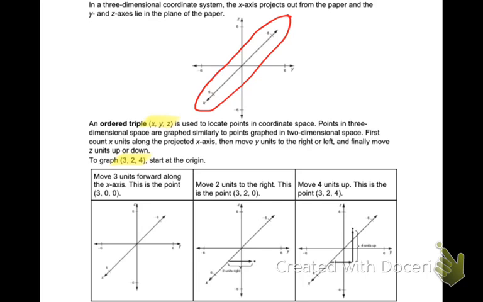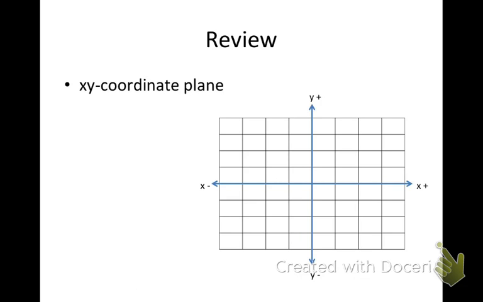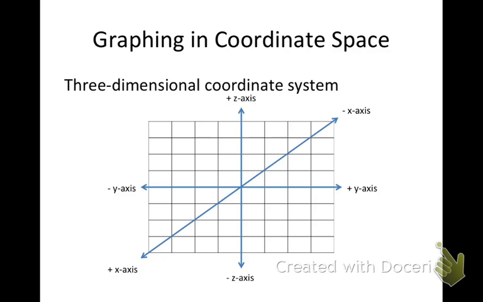So like 3, 2, 4, I would move 3 units forward, 2 units to the right, and then 4 units up to graph that. Here's what that looks like. The xy coordinate plane is what we've talked about before today. And here's the coordinate space, the 3-dimensional coordinate system.